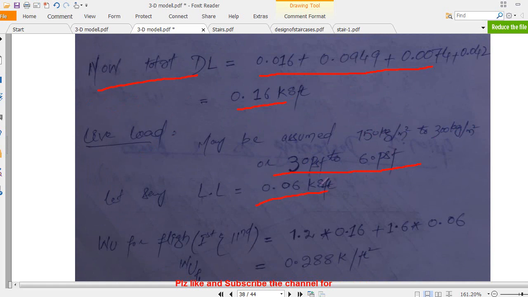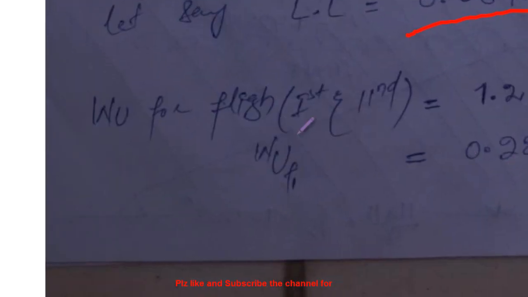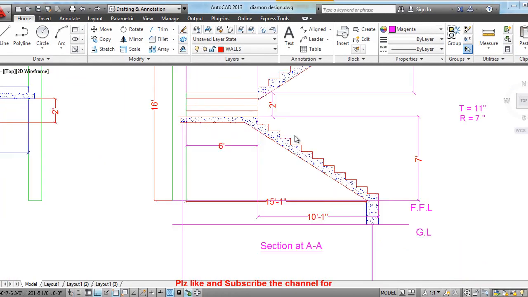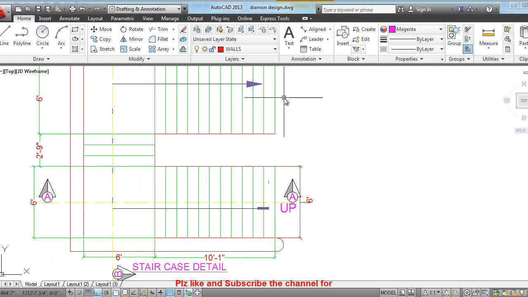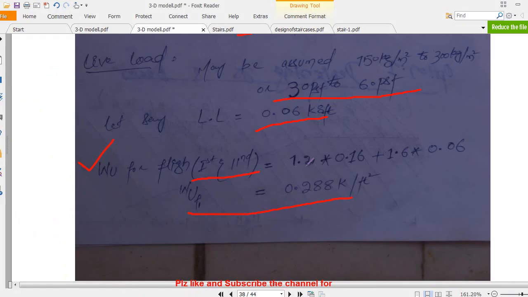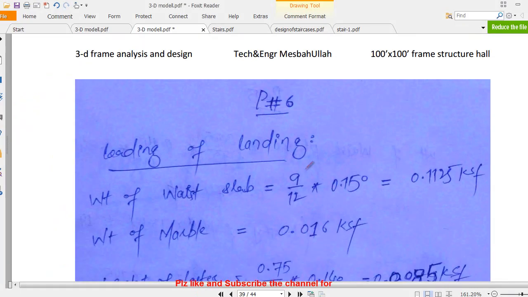I am using 60 psf. I need to factor the load, and this factored load, 0.288, will act on the first and second flight. Remember, this load will be on this flight and this flight, so we only design this flight.